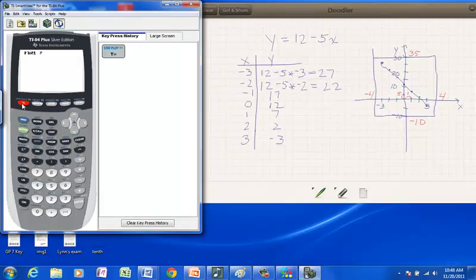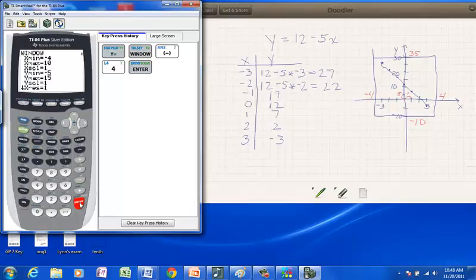I still have y equal the equation that I want to use. For a window, I said I wanted x min to go from -4 up to +4, and that an x scale of 1 seemed like a good idea.